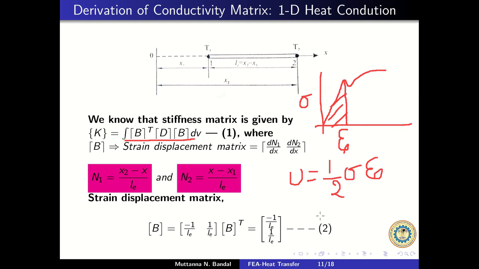Now I can substitute sigma from Hooke's law as E into epsilon.